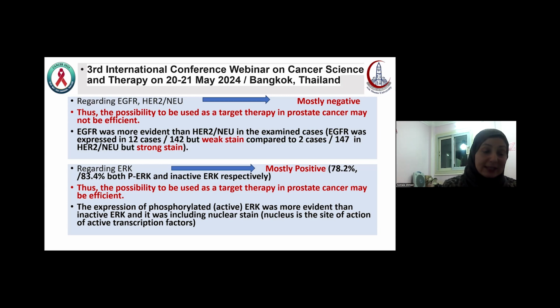The transfer of this signal transduction protein from the cytoplasm to the nucleus denotes activation of this protein, because it passes to the nucleus to stimulate transcription factors to start cell proliferation. So this finding suggests activation of the RAS, RAF, MAP, ERK pathway in prostatic adenocarcinoma cases, and potential use as a target therapy is suggested.